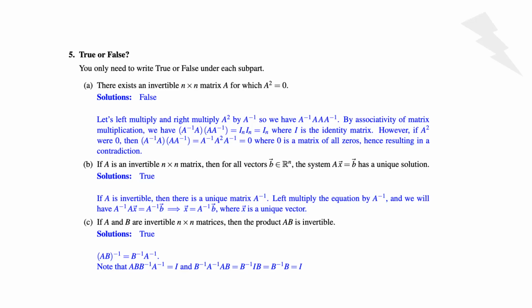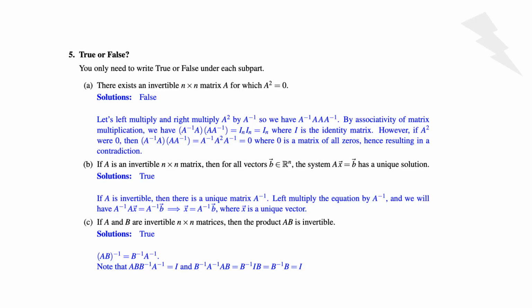Okay, part B. It says, if A is an invertible n by n matrix, then for all vectors B in R^n space, the system AX equals B has a unique solution. So this was one of those equivalent statements that we looked at earlier. But we could say that this statement here is true.